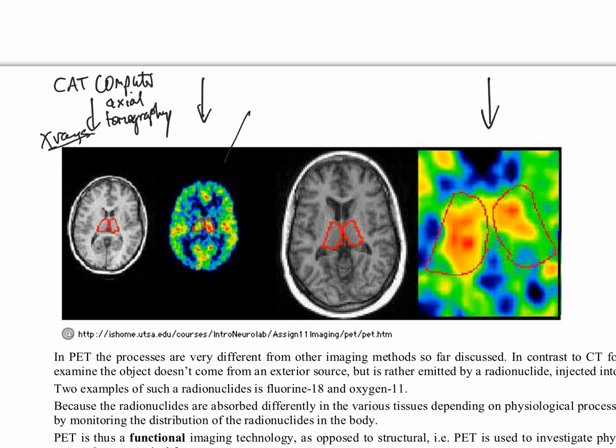The PET scan, however, the one that we're interested in, shows different areas of the brain lighting up, and that's because they're using more of the glucose that's tagged with fluorine-18, FDG it's called, 18-FDG, fluorodeoxyglucose.